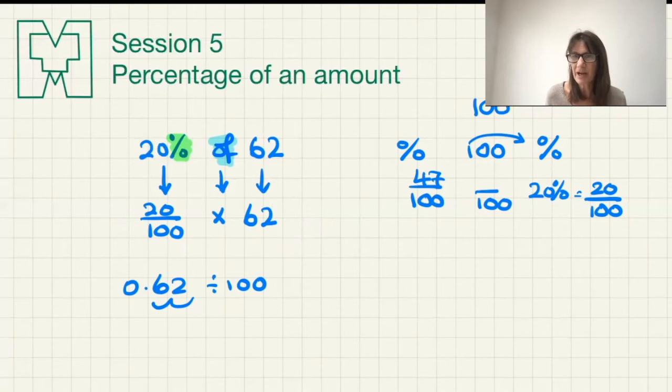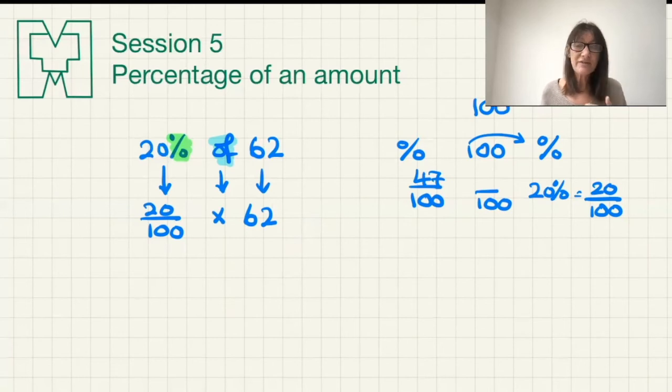That's just going to make my life harder. So I'm not going to do the division first. I'm going to do the multiplication first. And lots of people say, oh, can you do that? Absolutely, you can. You can divide by the bottom times by the top, or you can times by the top, divide by the bottom. And for percentage questions, it's way, way easier to times by the top first.